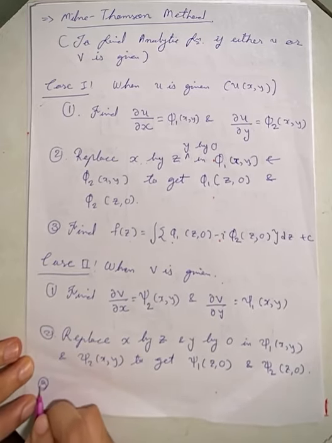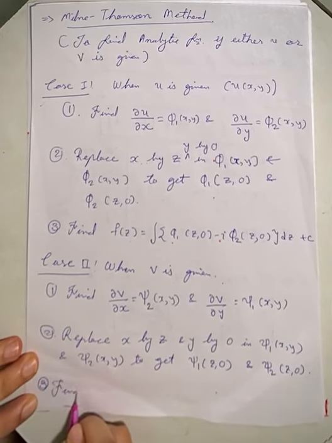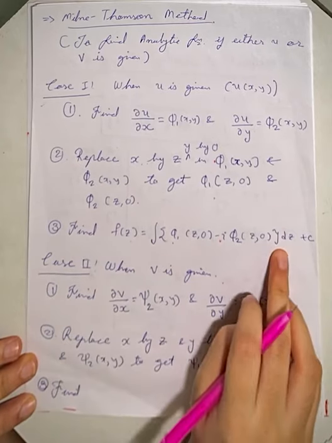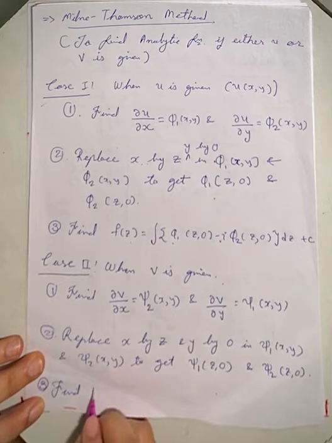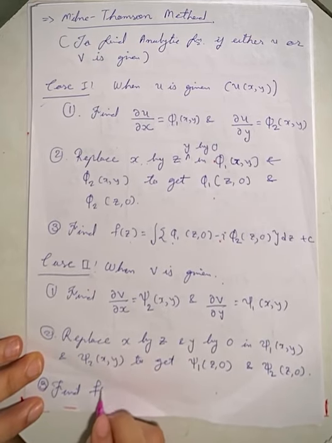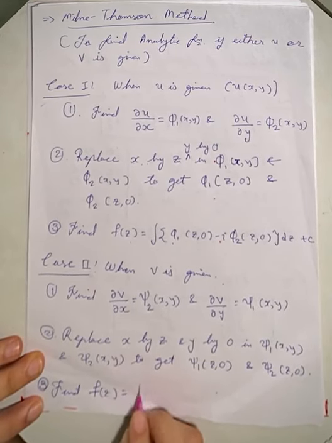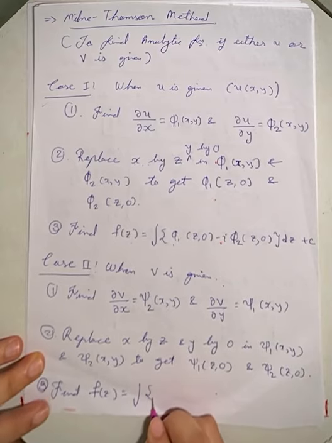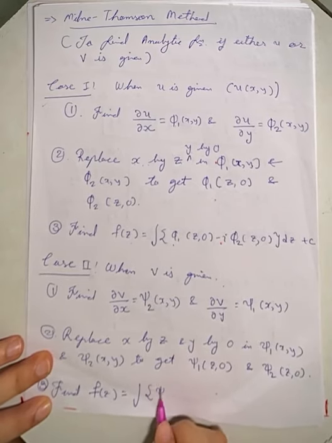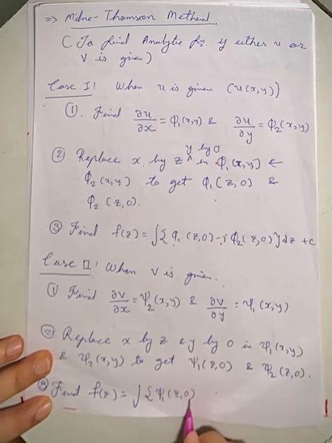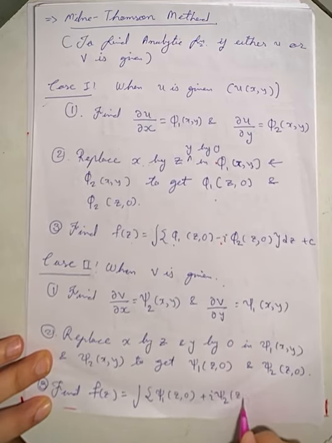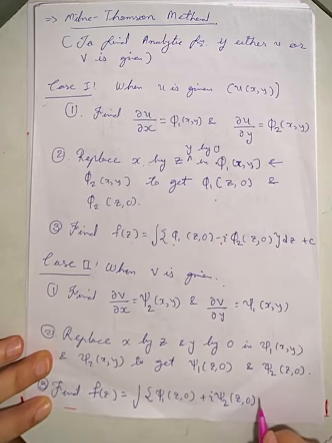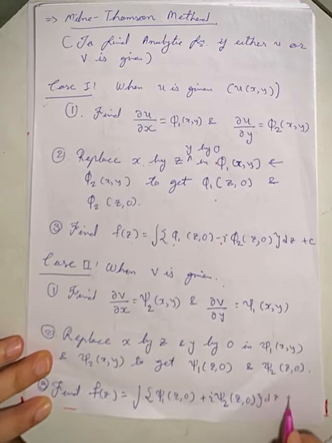And the final step is also similar but a little bit modified. So f of z will be the integral of psi 1 of z,0 plus i psi 2 of z,0 dz plus c.